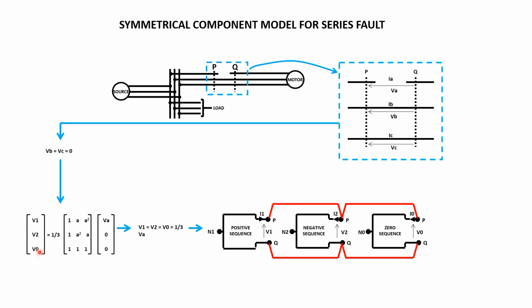Then we go to the symmetrical components. The zero, positive, and negative sequence voltages come from VA, VB, VC through this matrix, with VB and VC being 0. We get the positive sequence equal to the zero sequence equal to the negative sequence, equal to one third of VA.